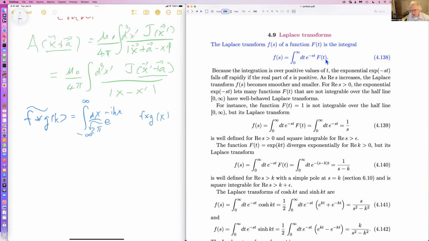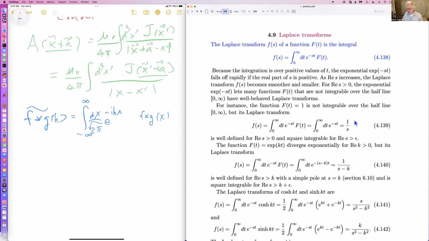Then the integral often converges. In fact, just as long as f doesn't grow exponentially, you've got a well-defined Laplace transform. An example is f of t equal to 1.